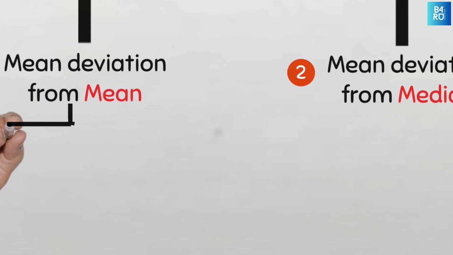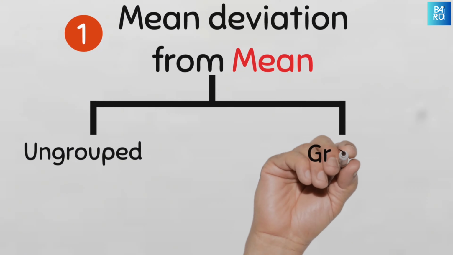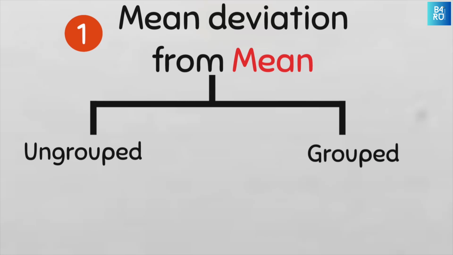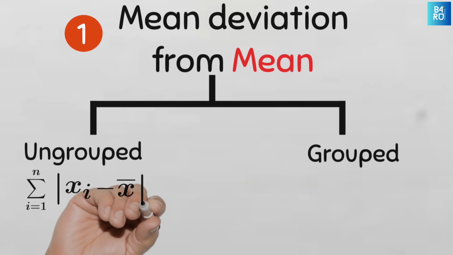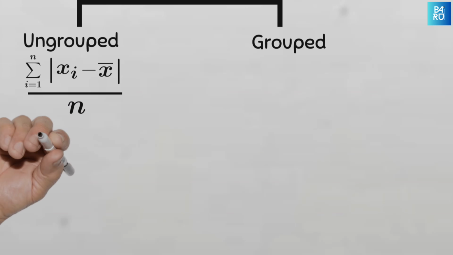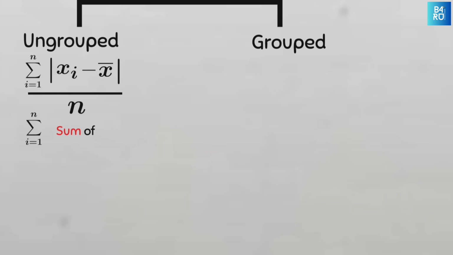Depending on the type of data, we can have mean deviation for ungrouped data as well as that of grouped data. For the ungrouped data, it is given by the formula sigma modulus x subscript i minus x bar divided by n. Here, sigma represents the sum of values from the first value to the last value, which is n.